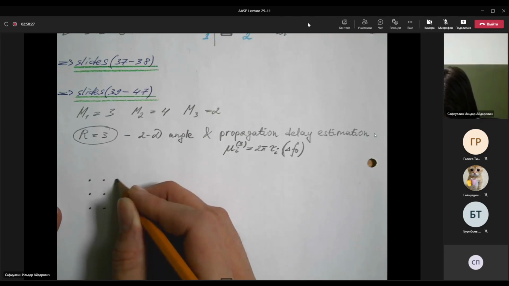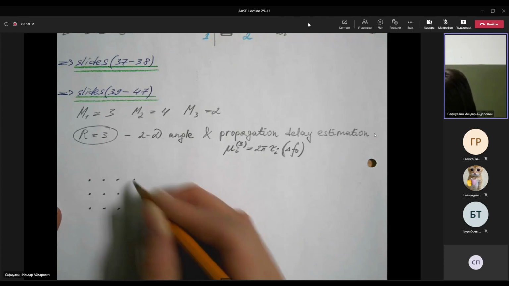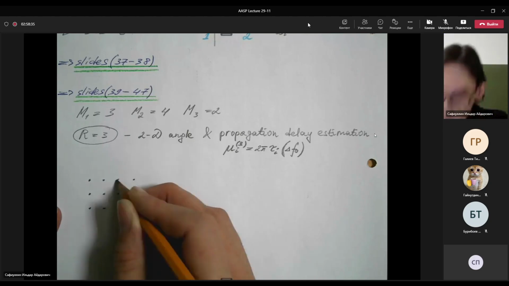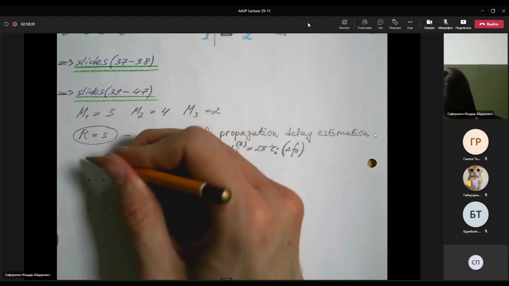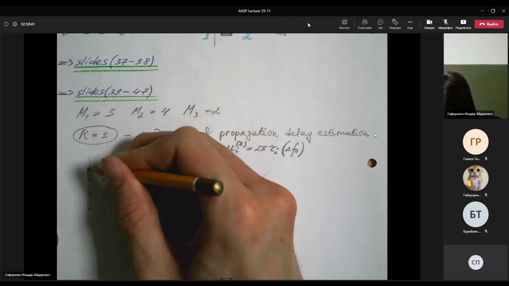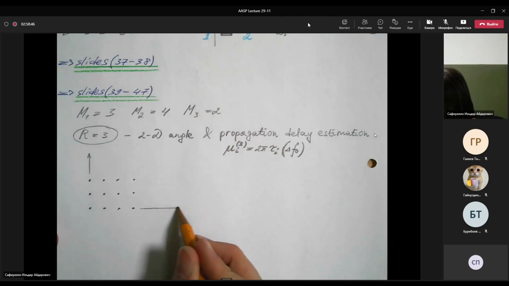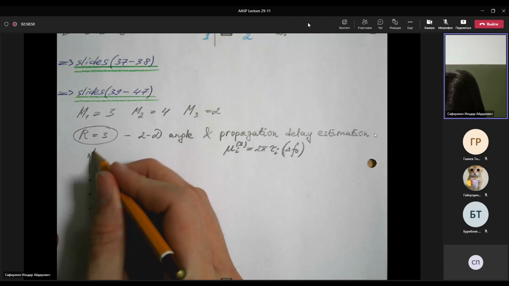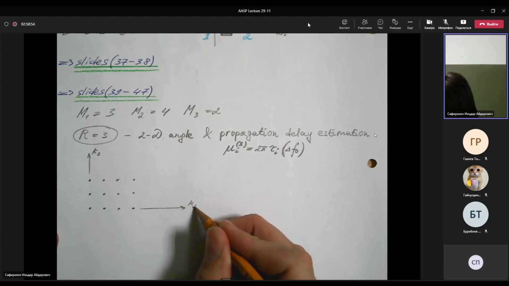So it is 4 columns and 3 rows. So it is our K1. Here we have our K2.